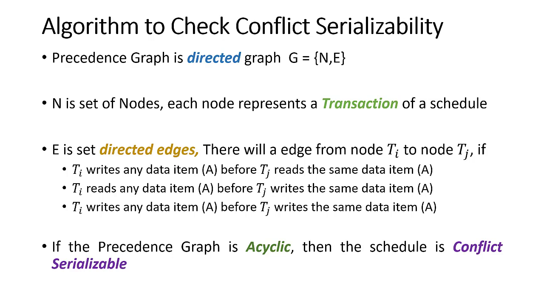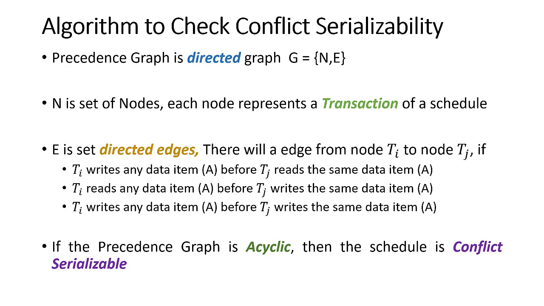So in a schedule, if there are n transactions, then in the graph there will be n nodes. Now E is the directed edges, and there will be an edge from one transaction to another transaction if there is a conflicting operation.